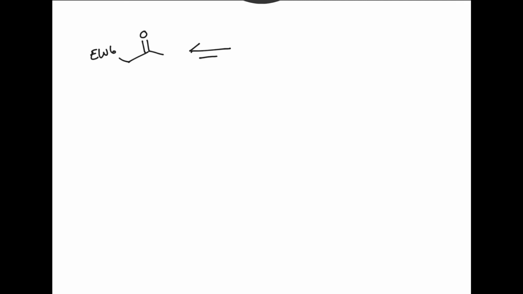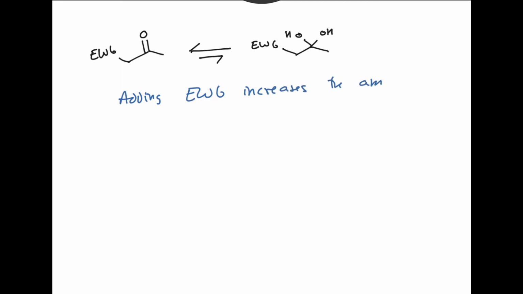The equilibrium is still going to favor the carbonyl in most cases, but you're going to get more hydrate. Right, so adding electron withdrawing groups makes more hydrate.